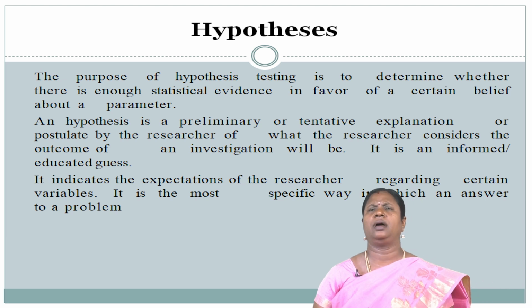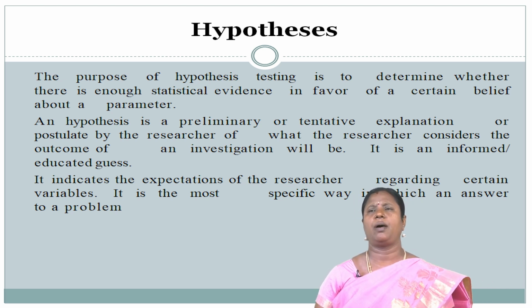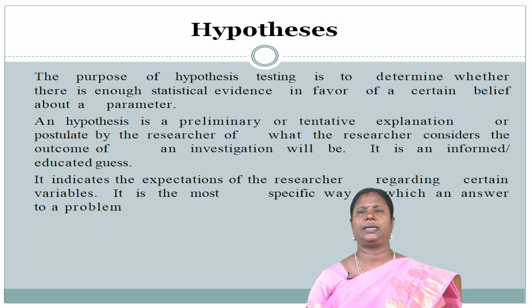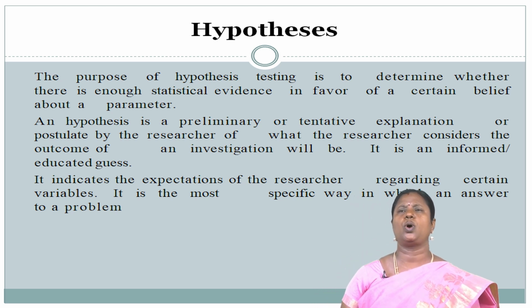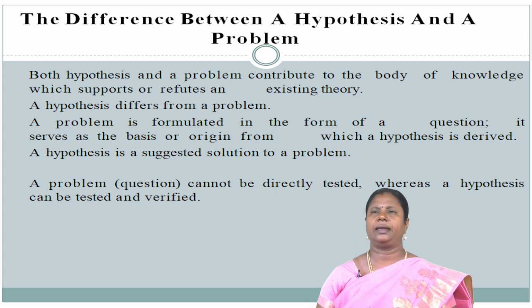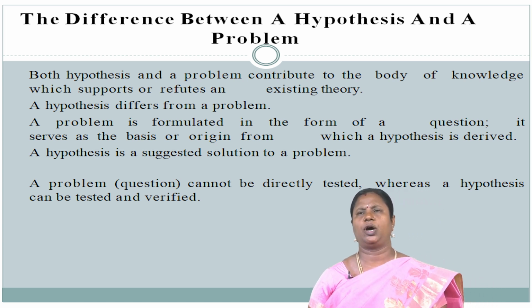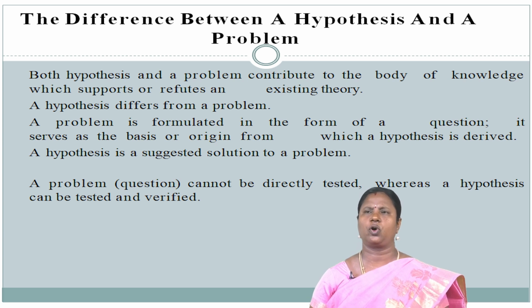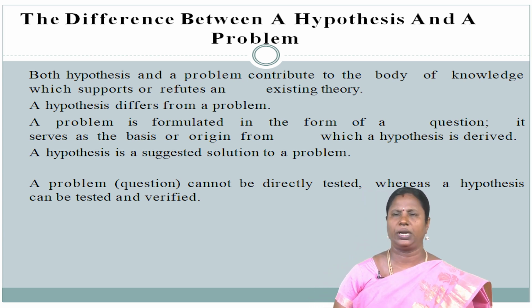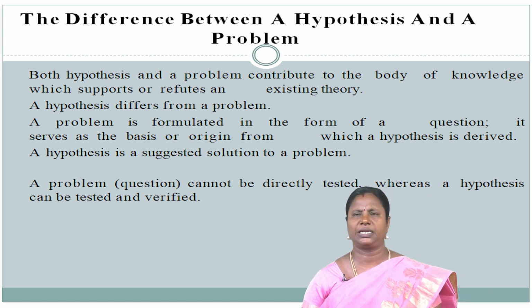Next one, define hypothesis: a tentative statement about a population parameter that might be true or wrong. The difference between a hypothesis and a problem. Both a hypothesis and a problem contribute to the body of knowledge which supports or refutes an existing theory.